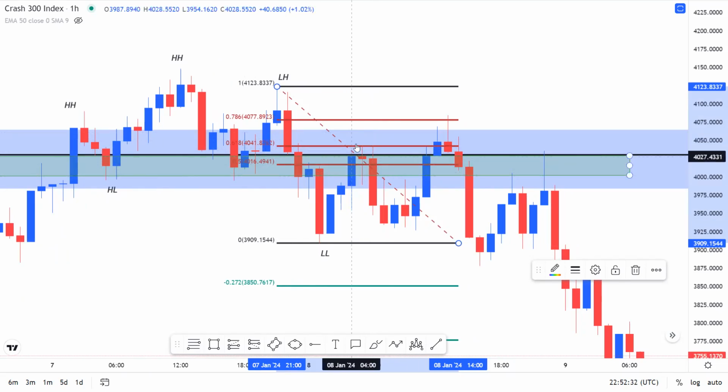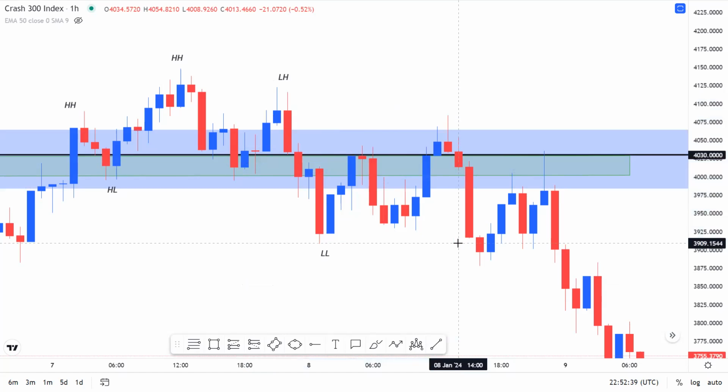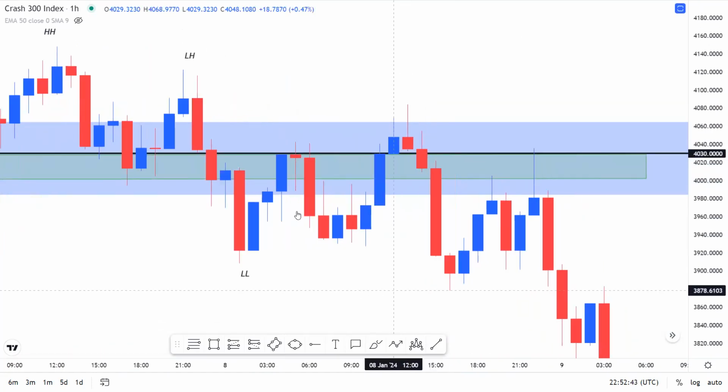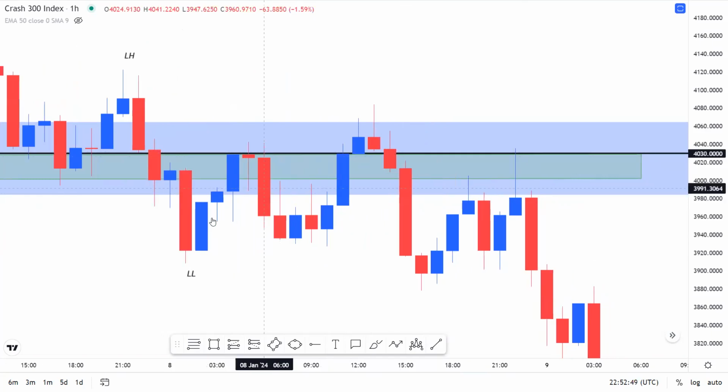And then as soon as we had that tap into the level, this is where, of course, we had price shift momentum once again. You can see we had ourselves these nice 3 hourly candlesticks that were looking very bullish.